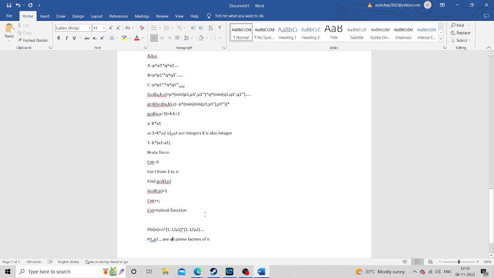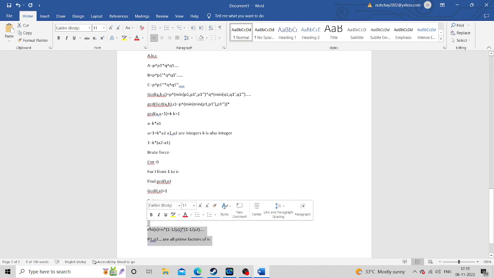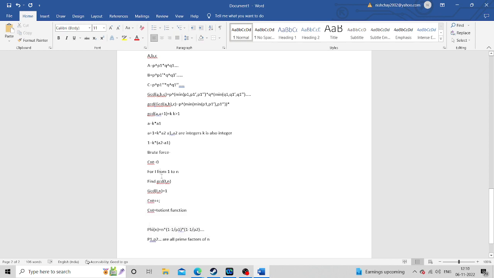One way of doing it is using brute force, where you iterate for all the numbers. The second way is simply using this formula. So the time complexity of finding the Euler's function would simply be the time complexity of prime factorization, which is less than O of n, if you want to. If you know the prime factorization, it becomes very easy. Is this clear to everybody?